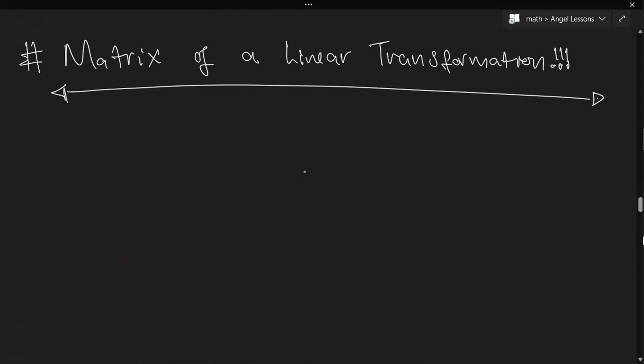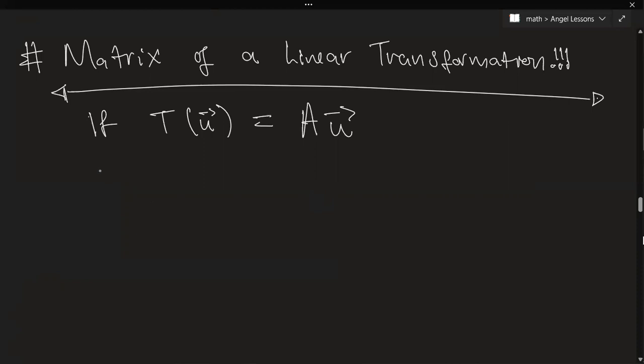The motivation is that if a linear transformation T of U can be written in matrix form, then all the other definitions become so simple to find.